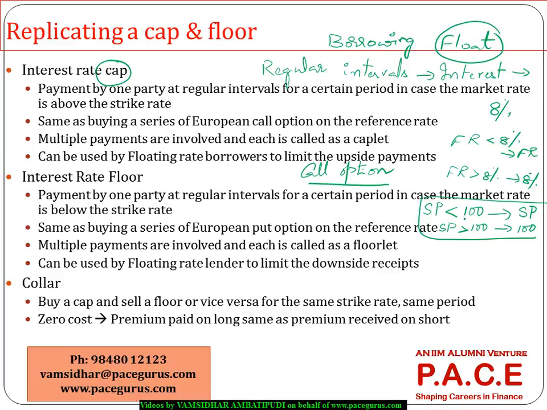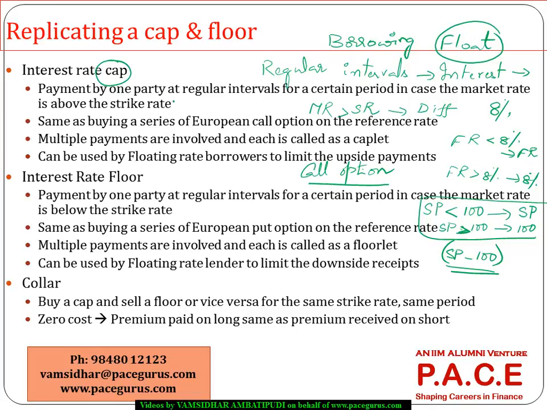In other words, if the stock price is greater than 100, then stock price minus 100 is the payoff, whereas if the stock price is less than 100, 0 is the payoff. Same logic again: if the market rate is greater than the strike rate, which is 8%, then the difference between the two is the payoff, otherwise 0 is the payoff.